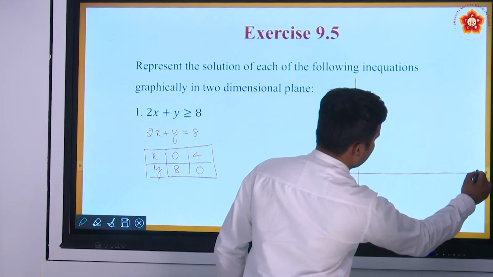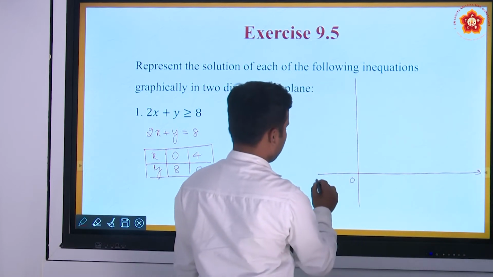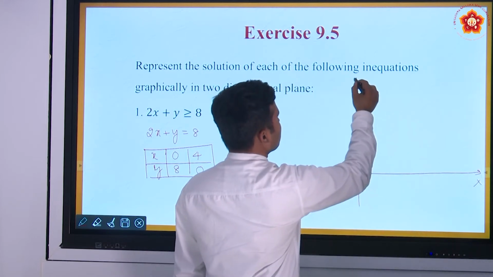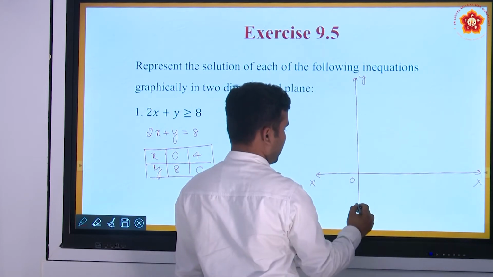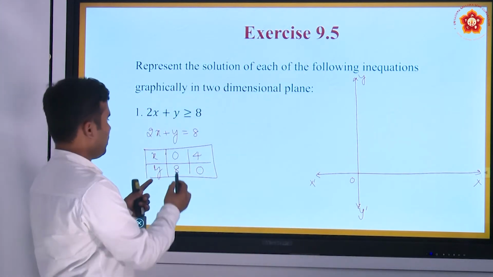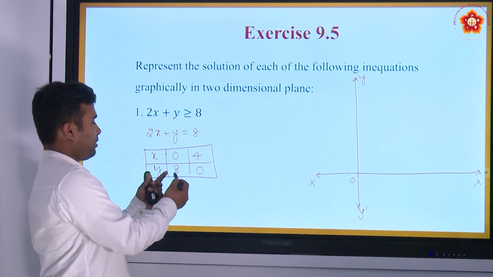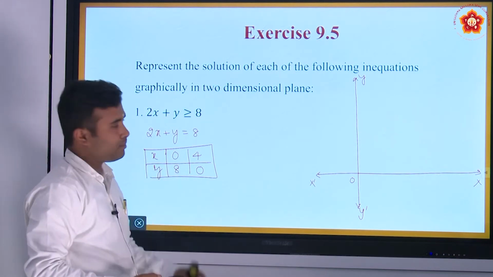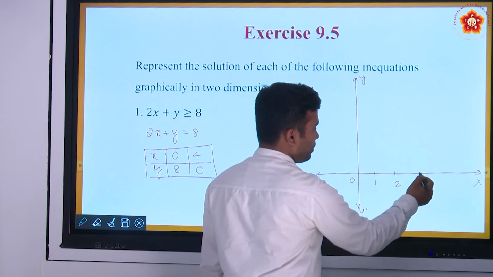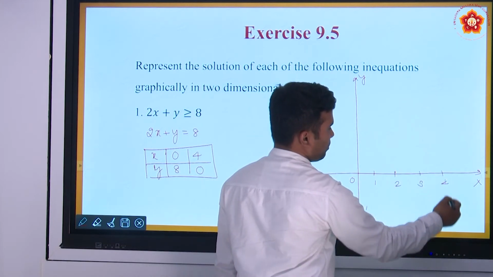in the graph, and you call this the origin, x dash, this is x, this is y, and this is y dash. Okay. And look here, the value of x varies from 0 to 4 and the value of y varies from 0 to 8. So for that I am going to take 1, 2, 3 and 4.